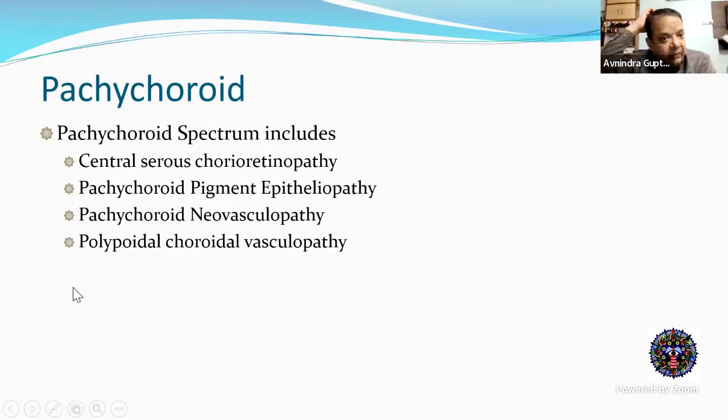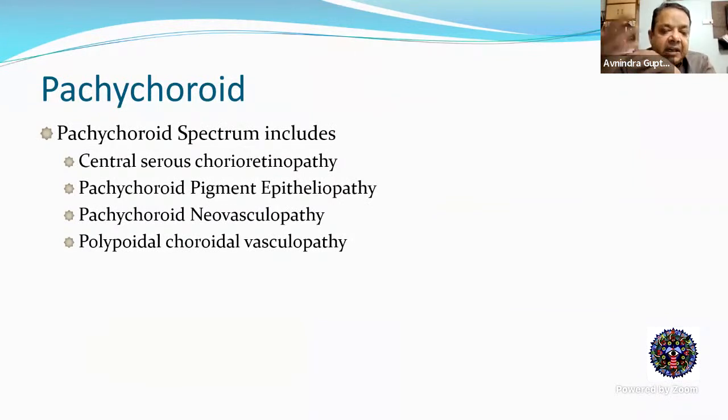So what you understand from the pachychoroid spectrum is that central serous retinopathy, pachychoroid neovasculopathy, and polypoidal choroidal vasculopathy are diseases of the same spectrum at different times of life.